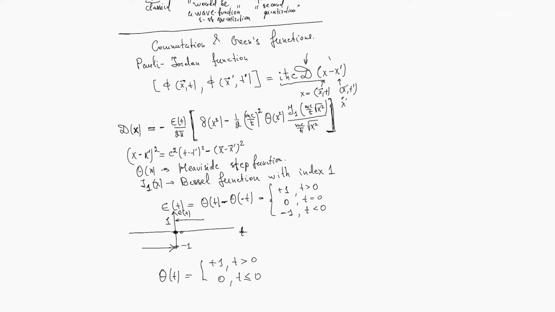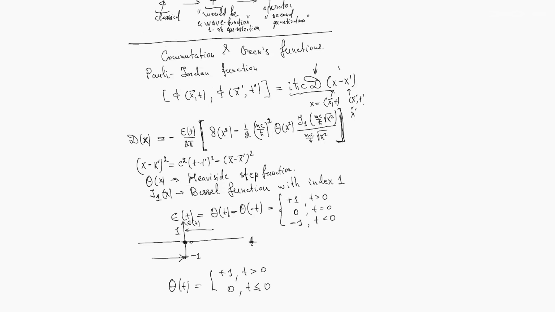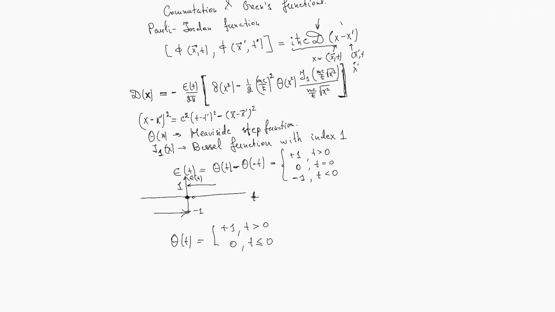What we see from this formula is that, first of all, because of the presence of this prefactor, D of x turns out to be 0 if t is equal to 0.